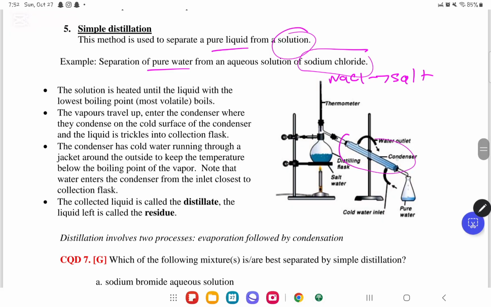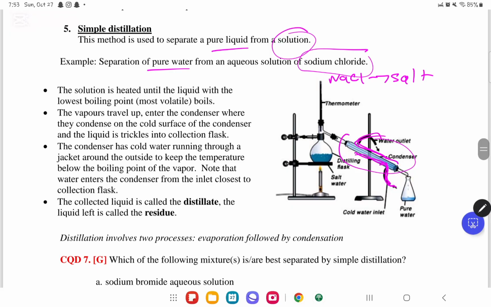Now in the condenser, the cold water goes in from the bottom. So follow the arrows. The cold water goes in from the bottom, and then it will go out from the top.